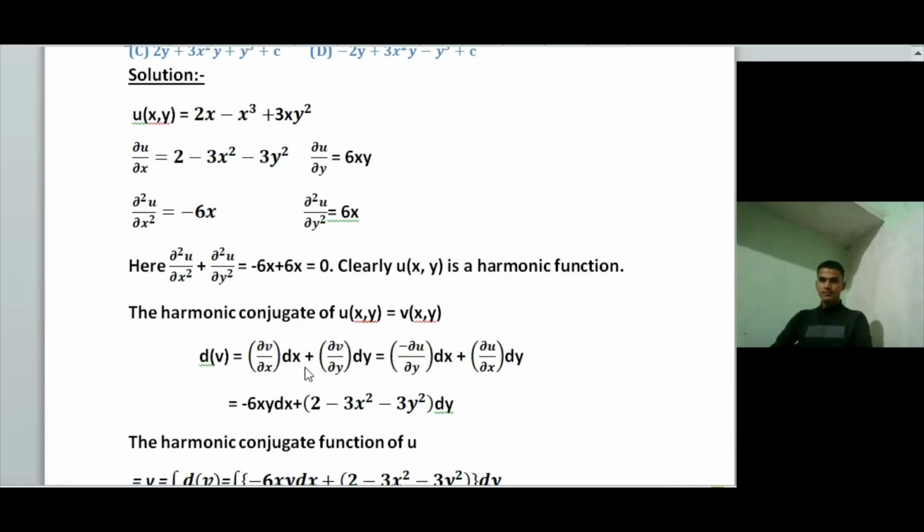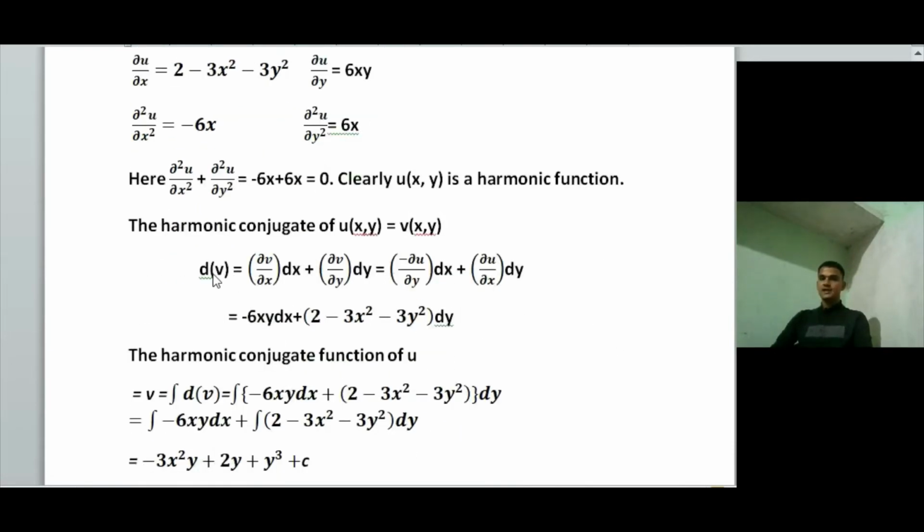So by CR equation we replaced it. And this is del v by del y, and this is del u by del x. We will replace it in the first CR equation: ux is equal to vy. Okay, so then we will integrate both sides of this equation.